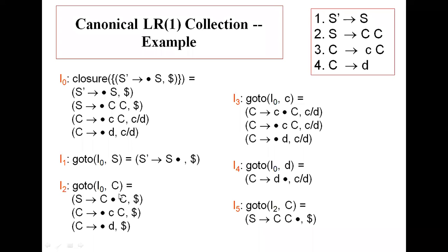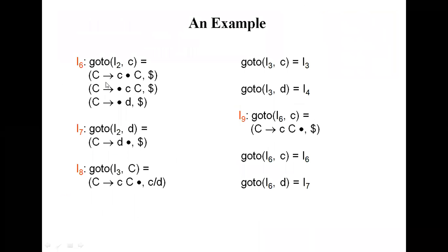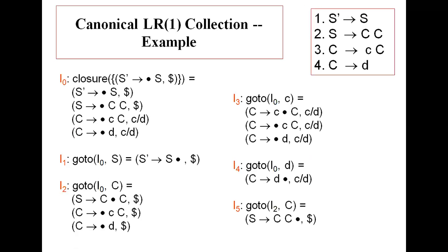I naught with C, it is different. And see here, I3, goto of I naught with C, is having the three rules with the look ahead symbol C or D, right? And please check it out in item number 6. For the same rules, the second component, that is the look ahead, differs in I3 and I6, but the production rules are same in both items.